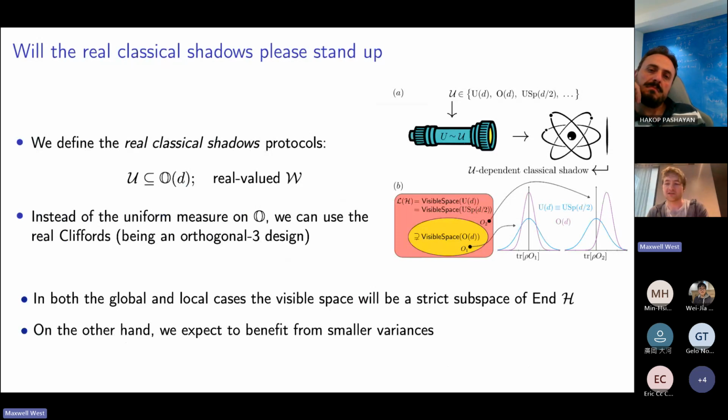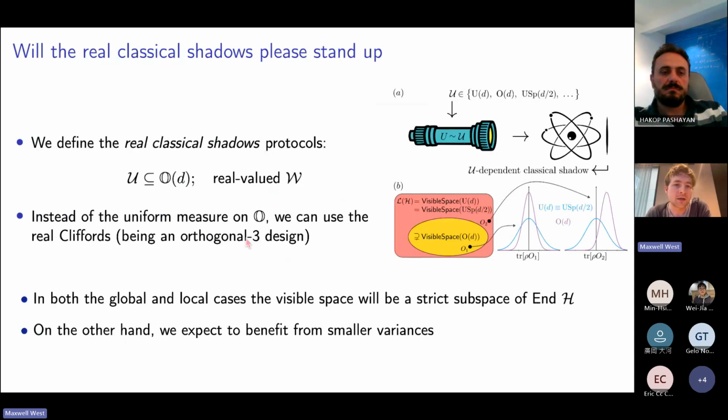Okay, so now we come finally to the real classical shadows, where hopefully at this point this is all pretty well motivated. By taking different ensembles, we can get shadow protocols that, as we saw, behave completely differently, and the operators for which they're good depend very strongly on the ensemble we're sampling from.